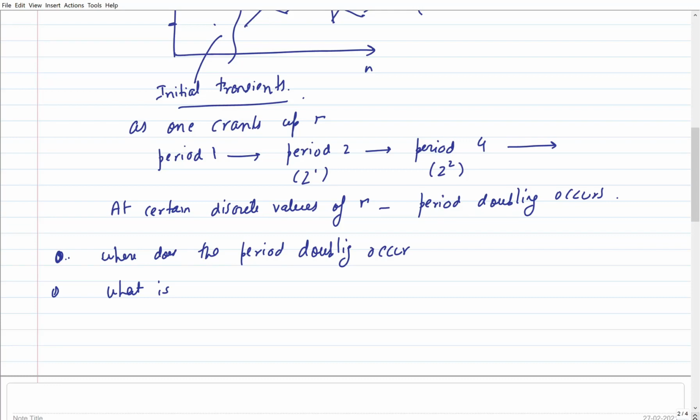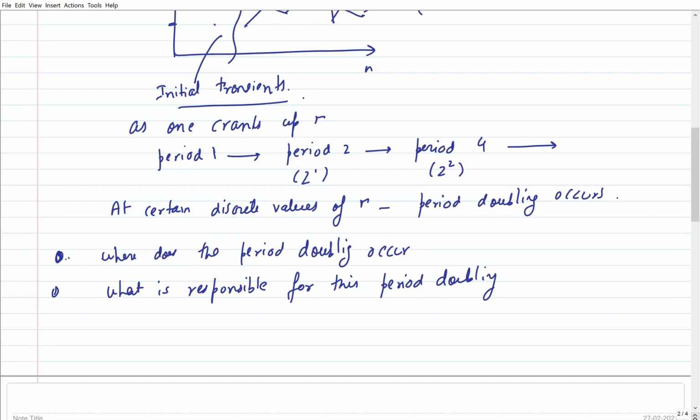What's the underlying reason? What happens as we crank up r? So these are the questions which we would ideally like to answer in this particular lecture.